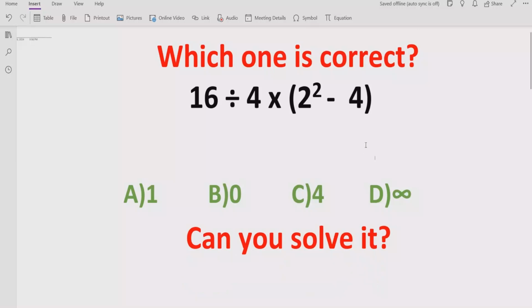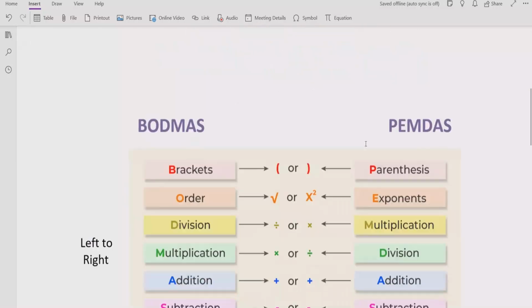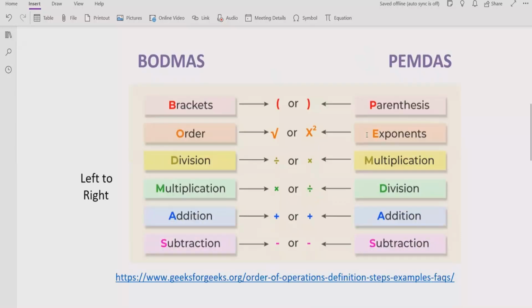Now, let's move towards the rules which we will follow to solve this expression. As you know, we can solve an arithmetic expression using the BODMAS and PEMDAS rules. In BODMAS, B stands for bracket, and in PEMDAS, P is the parenthesis.